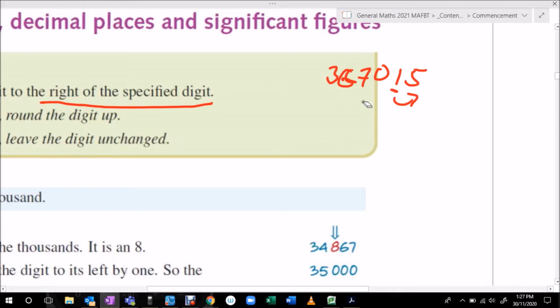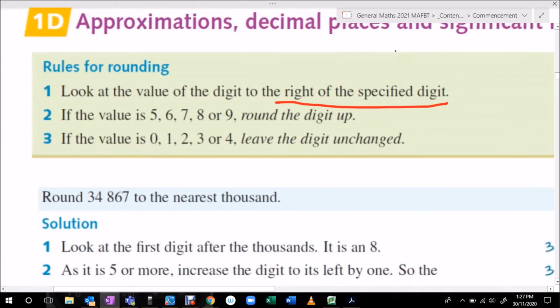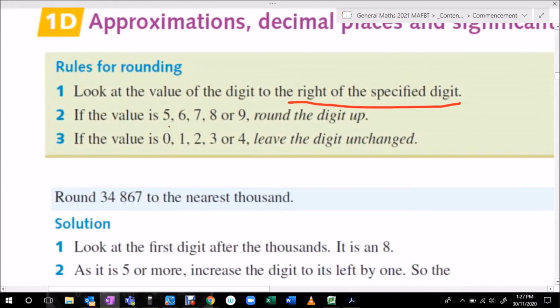Just watch out for that. If the number to the right is 5 or above, then you round it up. If it is 4 or below, then you just leave it. There's no decreasing the number; you either put it up or leave it as it is.